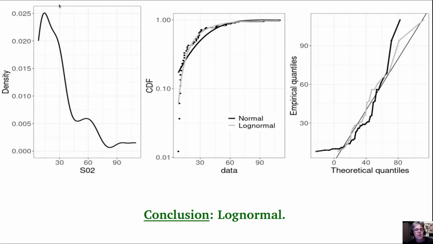So here is the density curve of the response variable showing an asymmetric shape, and here is the cumulative distribution function for the two candidate distributions to model it, which are the normal in black and log normal in gray, and here are the QQ plots, and it's pretty clear that the best fitting distribution is log normal.